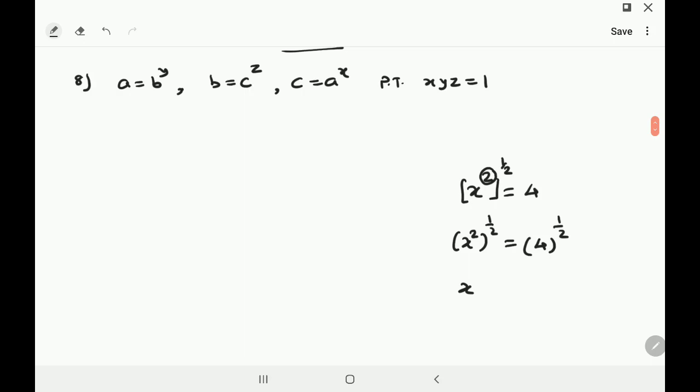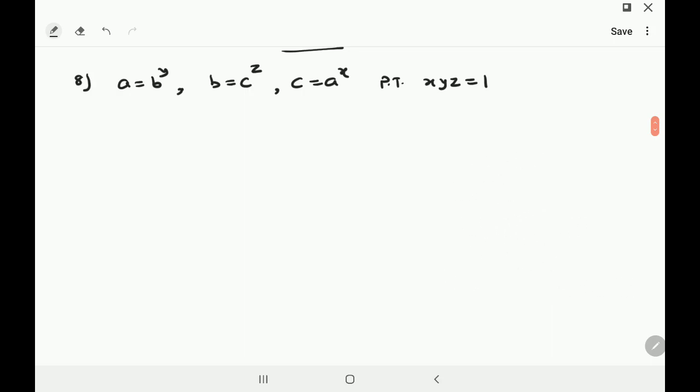Clear? It's such a simple concept. So x is equal to 4 raised to 1 upon 2 and the answer is 2. So if you have to cancel the power, give power as its fraction, so that the power gets cancelled. It's so easy.